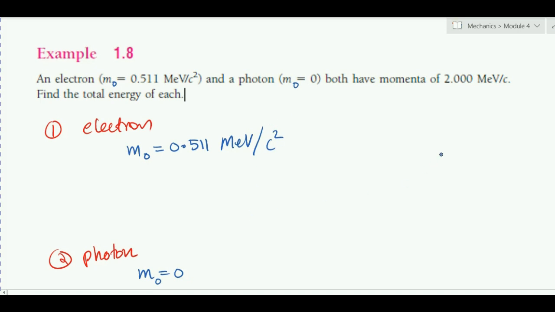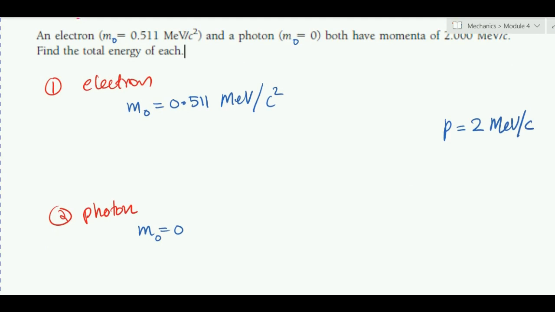Both have the momentum p given by 2 MeV per c. Find the total energy in each case.